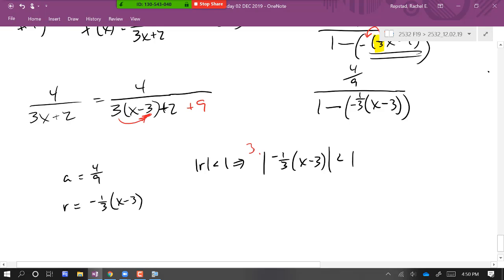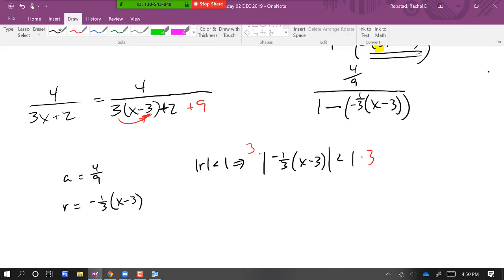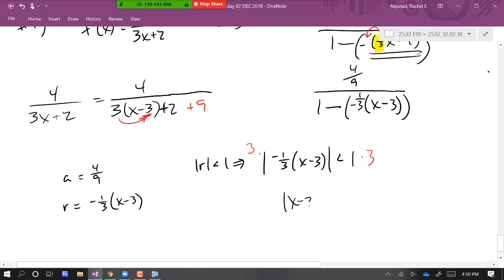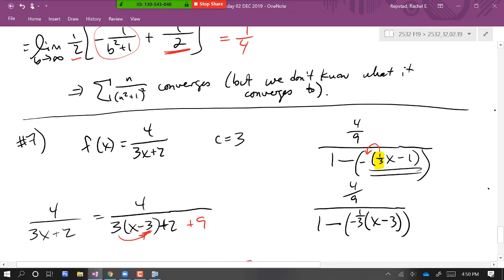So if we multiply by 3, then we have absolute value of x minus 3 is less than 3. I got 4/8. Something's wrong. So we have some disagreement about what the value of a needs to be. So you added 2 and 9, right?